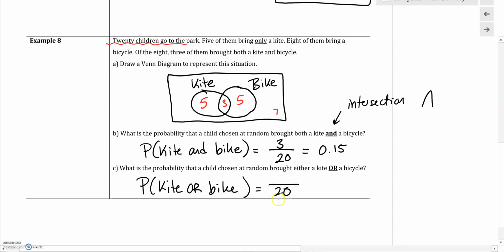How many of them fall in this category, kite or bike? Well, that would be 5 plus 3 plus 5. A total of 13 kids belong in either of those 2 bubbles. So 13 out of 20 would be the probability of getting one or the other, kite or bike. If you put that as a decimal, you get 0.65 or 65%.